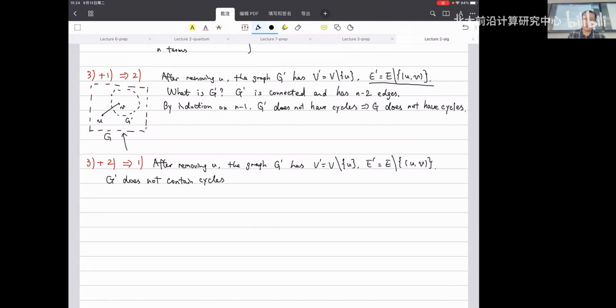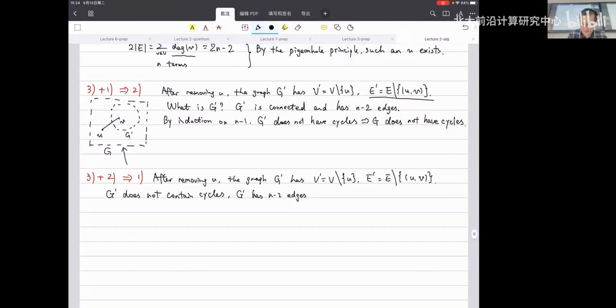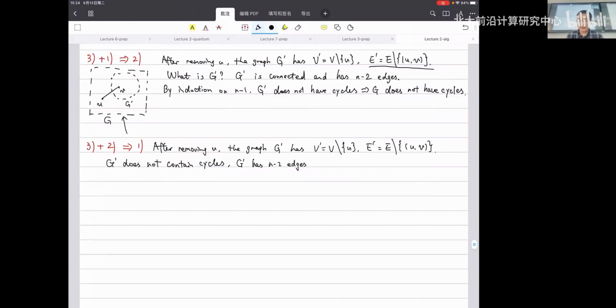So as long as your original graph G does not have any cycle, then G prime should not have any cycle. So G prime does not contain cycle, and on the other hand, G prime has n-2 edges. This is similar to the argument here that we delete exactly one edge from a graph whose number of edges is n-1.